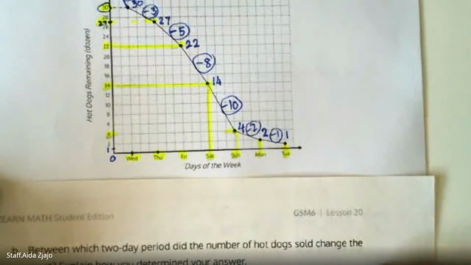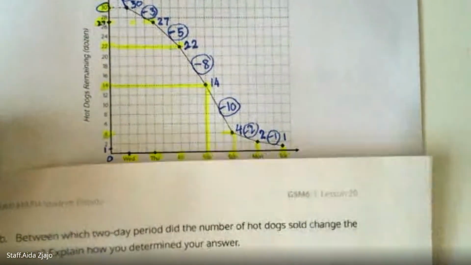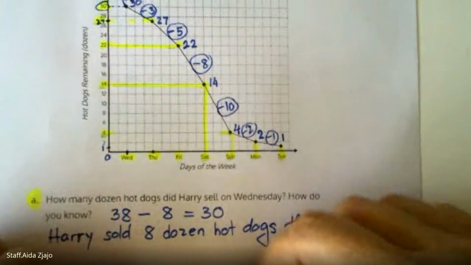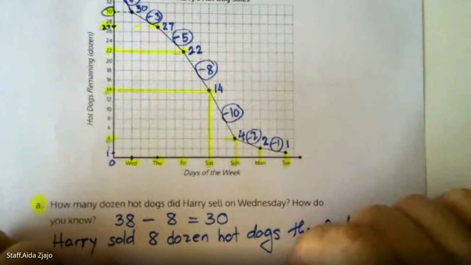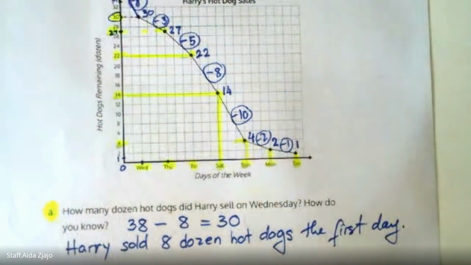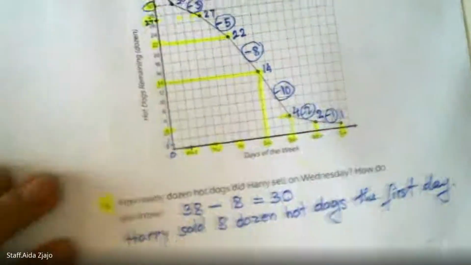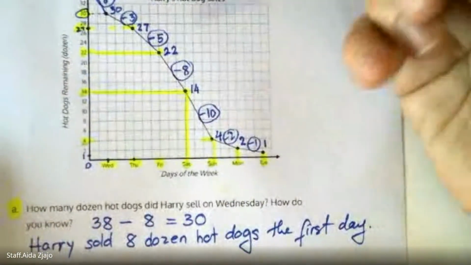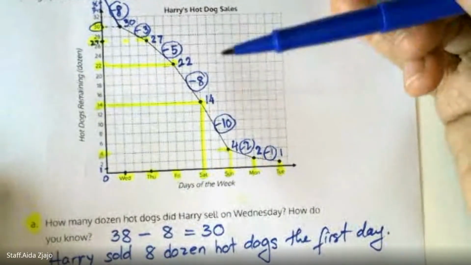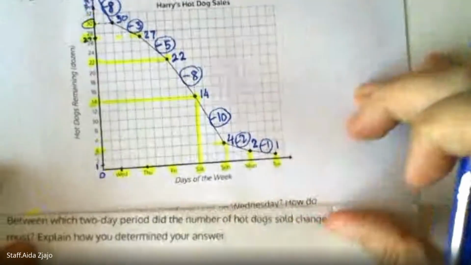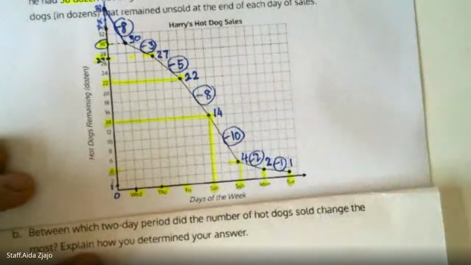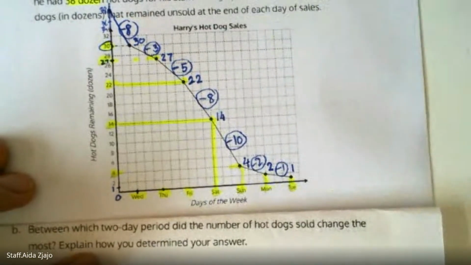Okay, so when we look at our graph, we need to find the steepest line, and also the change that happened. So what was the day that he sold the most? We can now look at our data.